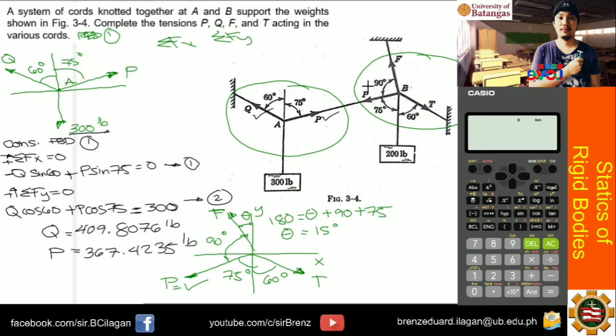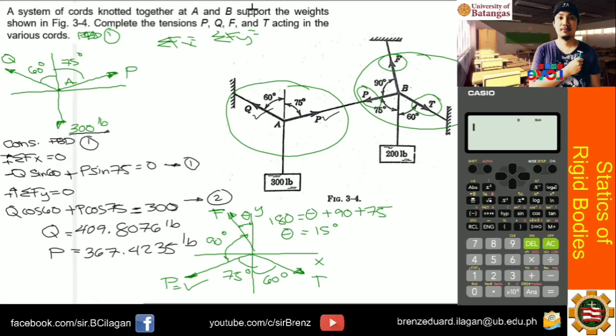Kasi tatlo ang unknown, tapos ang available equation of equilibrium lang natin is dalawa. So 3 unknowns, 2 available equations, wala po tayong mapapalabas. Kaya dapat yung point na pipiliin mo muna is dalawa lang yung unknown. And then, after getting the unknown, lipat ka doon sa sunod na point. Kasi may value na tayo na P, so mahahanap mo na yung pinapahanap sa problem.